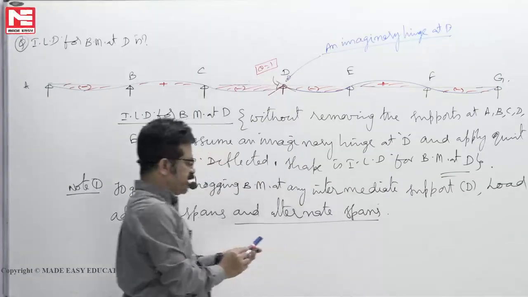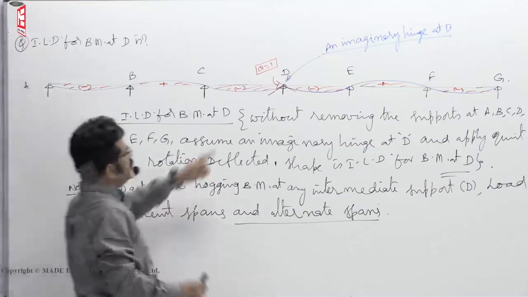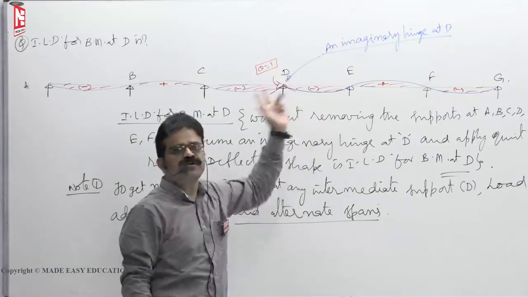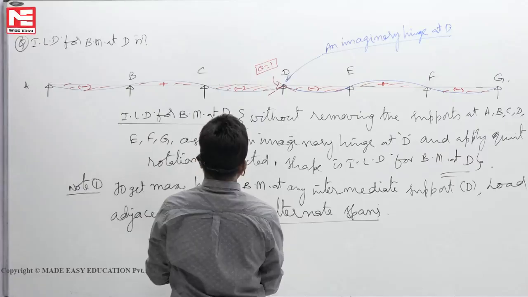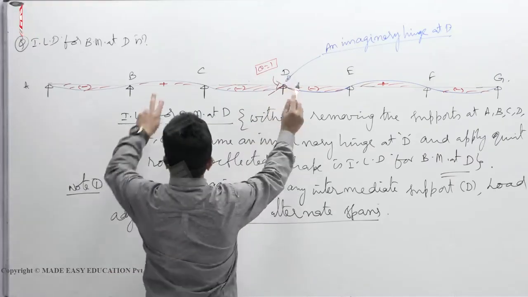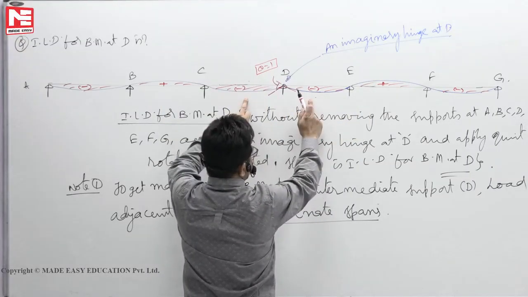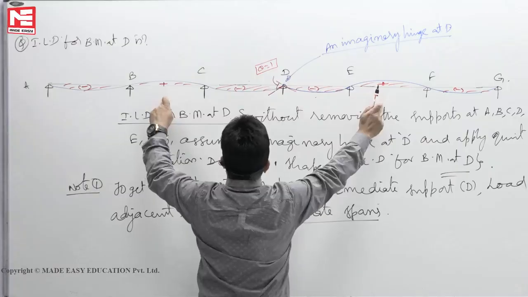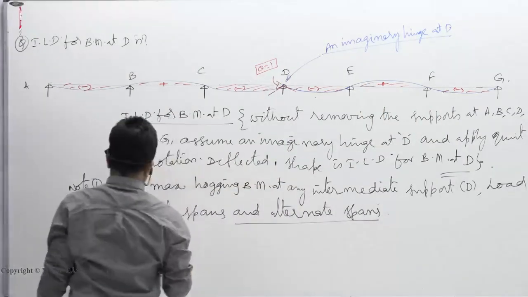If you want to get maximum positive bending moment at D, you must leave the adjacent spans and load alternate spans. Okay. So if you want to get maximum positive bending moment, you must leave the adjacent spans. These two spans you have to leave them and load the alternate spans. First this one, then alternate spans.